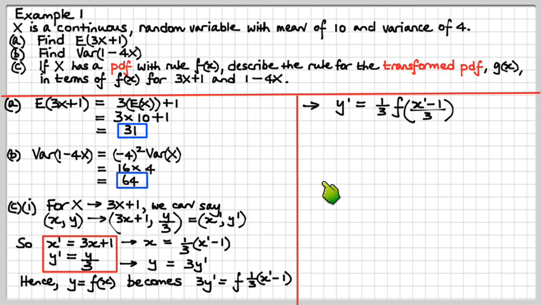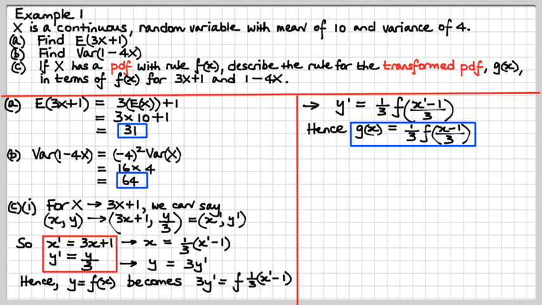Therefore, dividing both sides by 3, we get that, and that's our new transformed function, which we're just going to pretty up and call g of x, because that's what they wanted us to call it. So drop the dashes and call it g of x, and we get that. That's it. You happy?